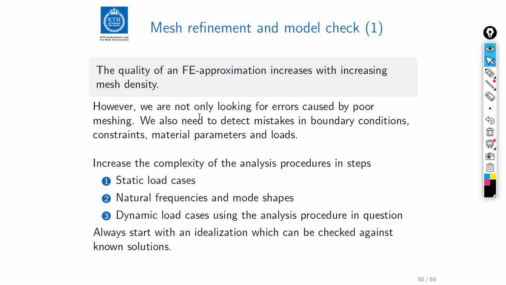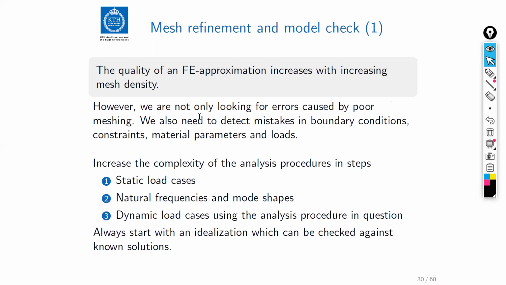And the first type of numerical experiment that we need to do is to ascertain that the mesh density is fine enough to represent the vibrations that we are interested in.